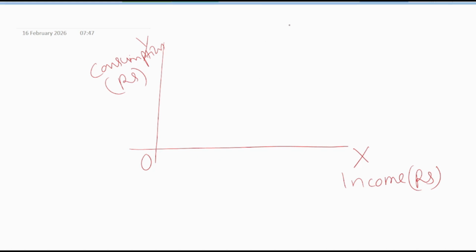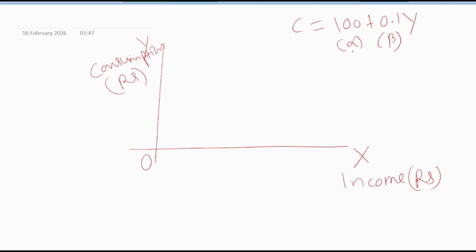And from the equation, that is C is equal to 100 plus 0.1Y, where 100 is alpha, 0.1 is beta, that is the autonomous consumption alpha, MPC or marginal propensity to consume is beta.